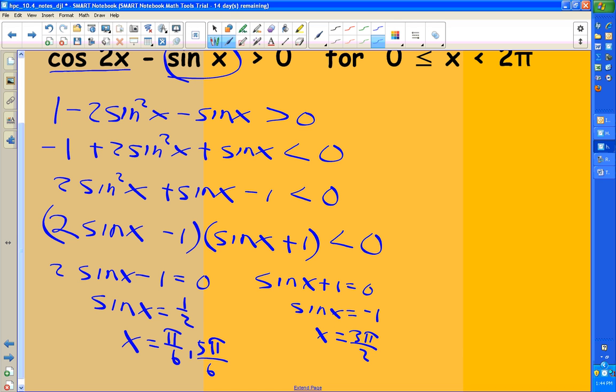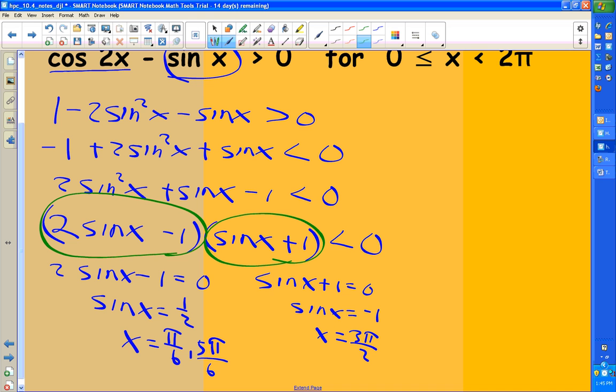So our situation is going to depend upon 2 sine x minus 1 and sine x plus 1. How are those values going to appear? What has to be true about this and this in order to make this true? Okay, one has to be negative and the other has to be positive. So you have to look at those situations. When is this going to be negative and when is this going to be positive?